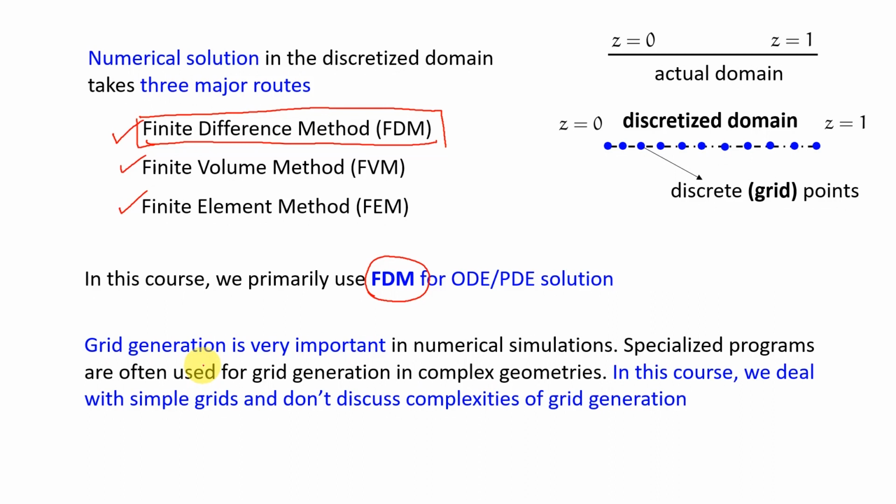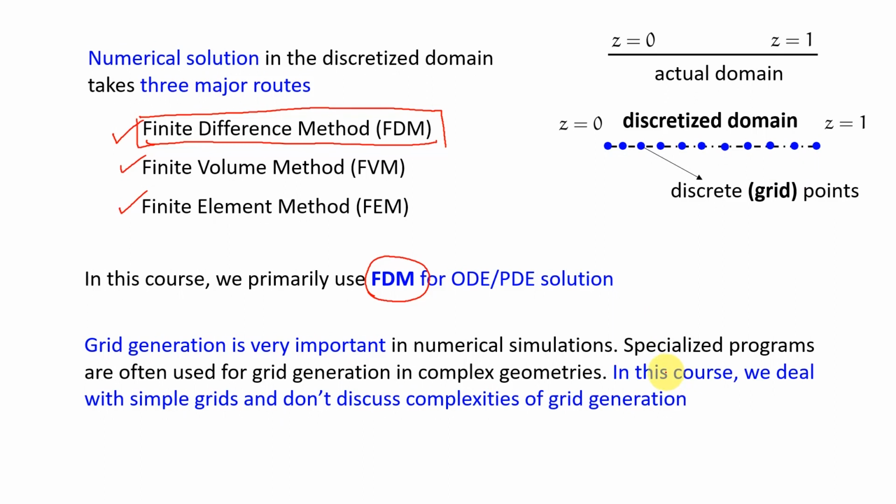How do we generate these grids? This is very important in general in numerical simulations. But in the present case, of course, this is not difficult. We can take a sufficient number of points. We can start with a uniform grid and take a sufficient number of points. Once we solve it, we have to test whether my solution is independent of grid size, and we can take one more, one different grid, to solve it again and see how fine the grids need to be to reach grid independence.